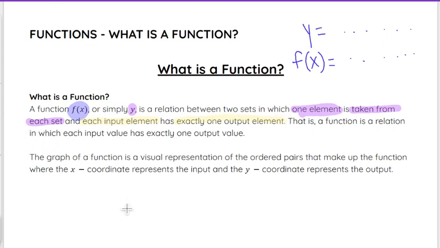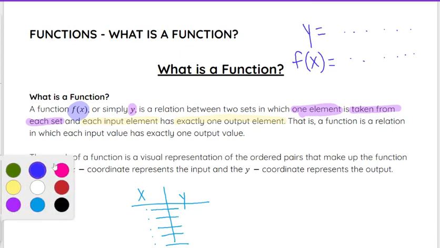So a function is a relation in which each input value has exactly one output value. So if x's are my input and y's are my output, each x value over here links to exactly one y value over on the other side of this table. And we'll talk more about different ways to actually represent functions here in a minute.